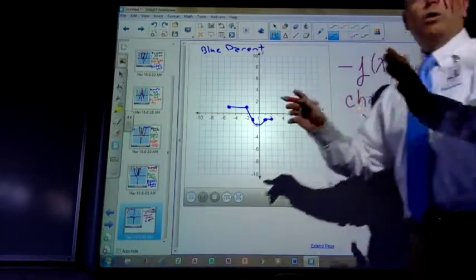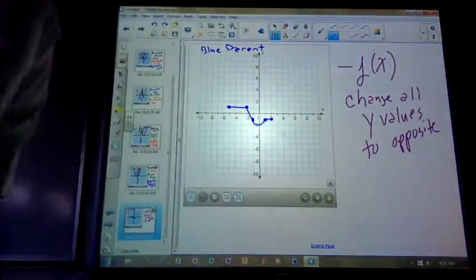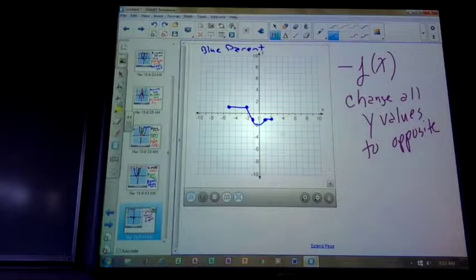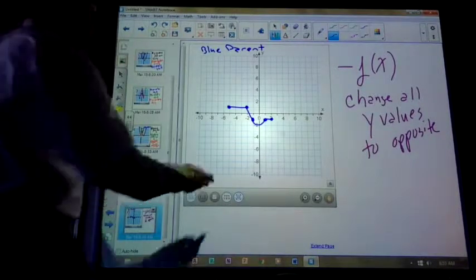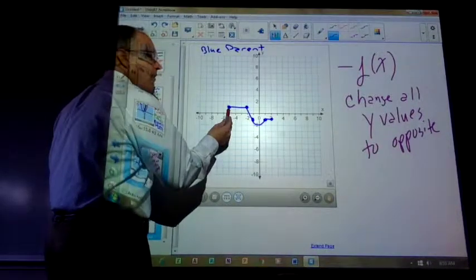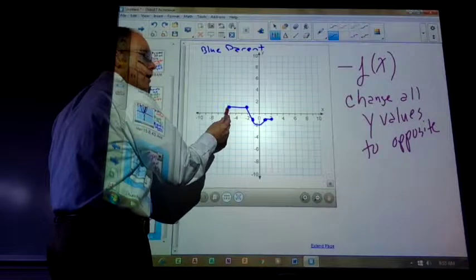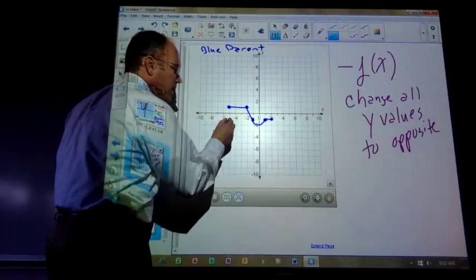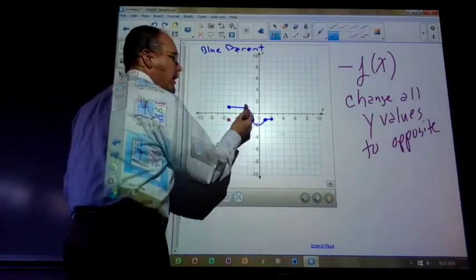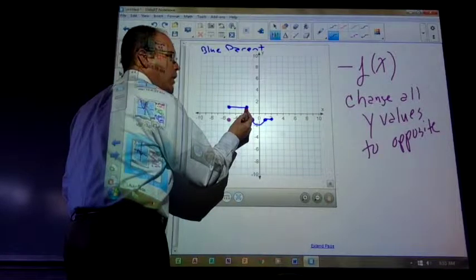Okay, again, we have these ordered pairs we know. So my ordered pairs are going to change. If they're a positive y value, it's going to become a negative. So this is the point negative 5, 1. If I change only the y value, negative 5, 1 becomes what? Negative 5, negative 1. Very good. Negative 2, 1 changes to what?